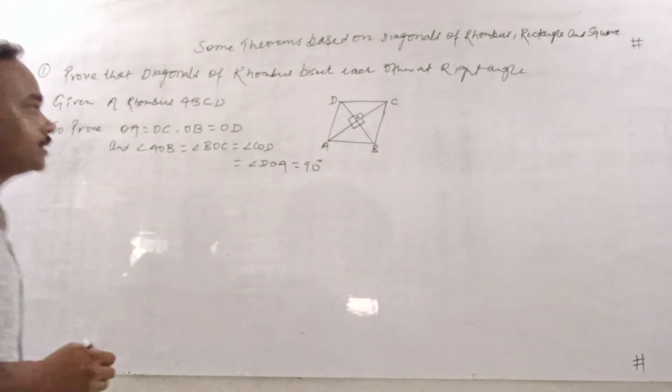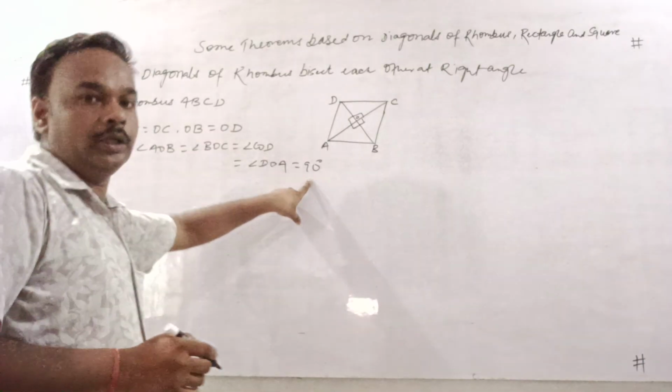Bisect each other at right angle means these angles must be equal to 90 degrees.